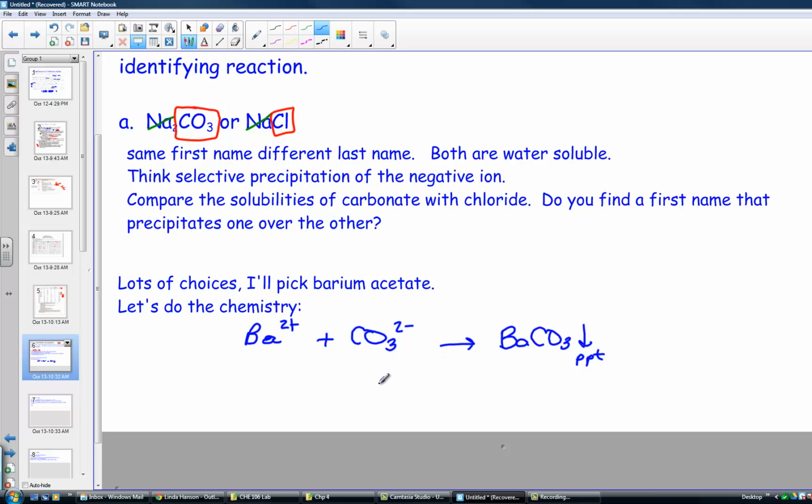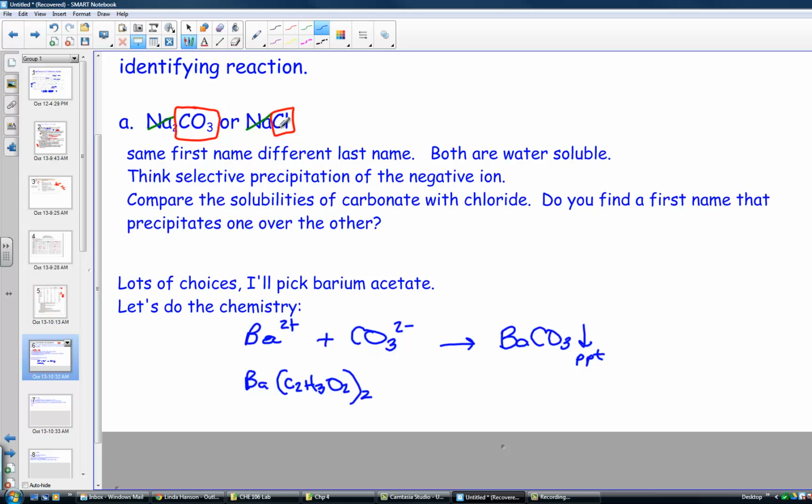So introducing the barium ion, the label would literally have to say barium acetate. It needs a last name. The label you would find at your reagent station is BaC2H3O2, and that would introduce the barium ion to selectively precipitate carbonate.